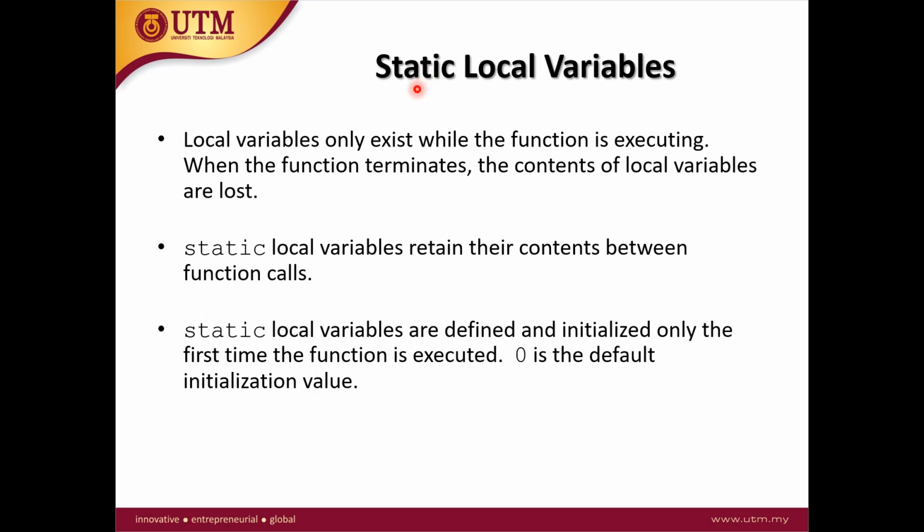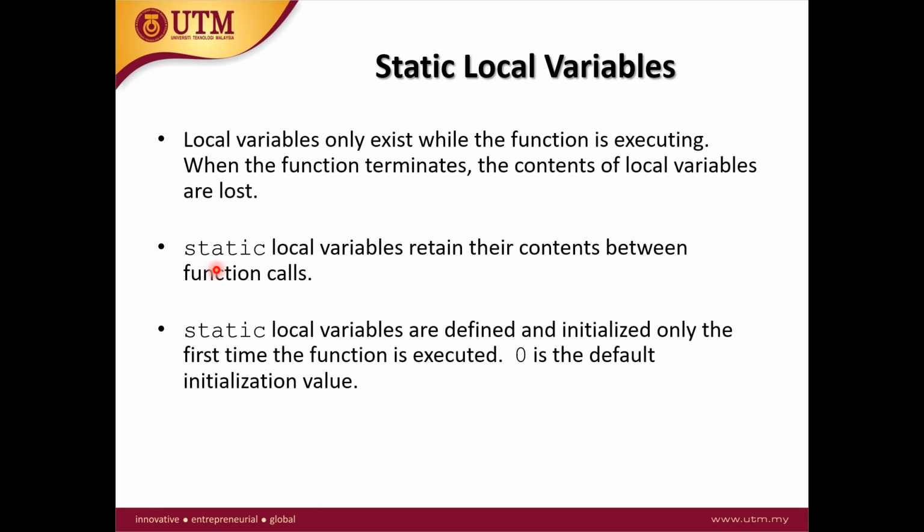And we've got another type, which is called static local variables. You know that the local variables only exist when the function is executing, and when that function stops executing or the program goes out from that function, the content of the local variables is going to be lost. It is going to be destroyed inside the memory.